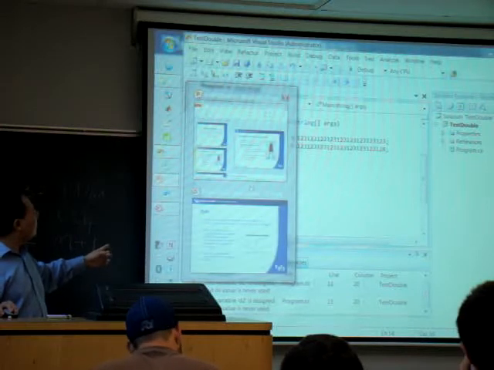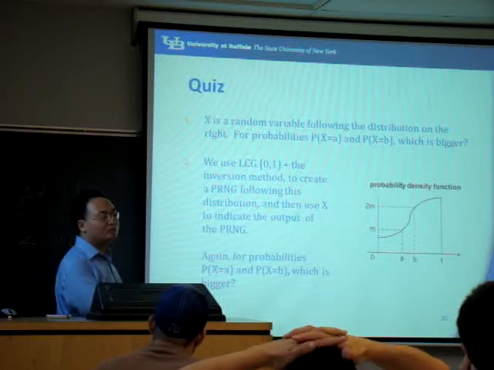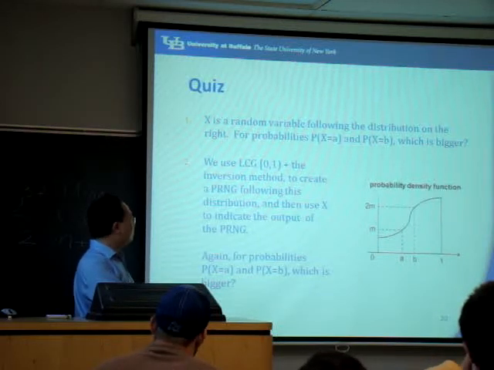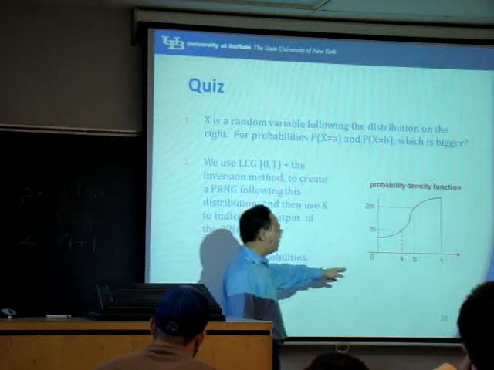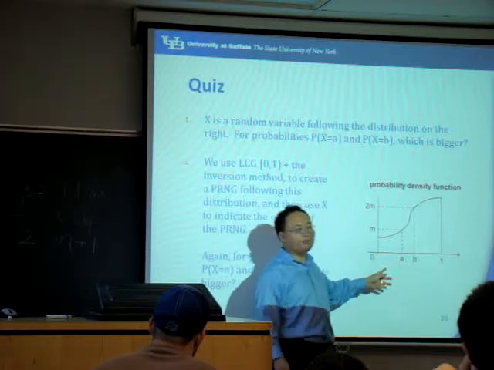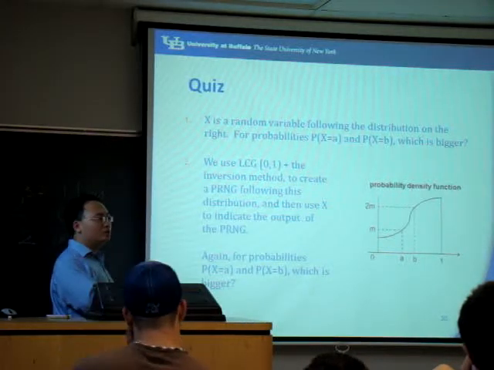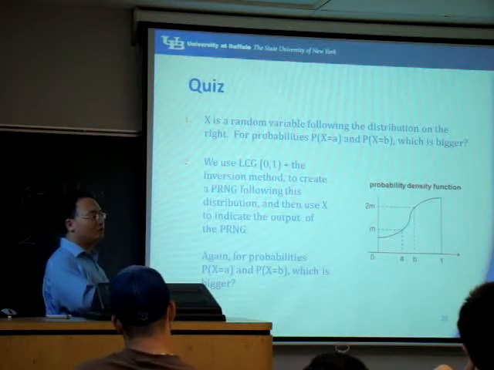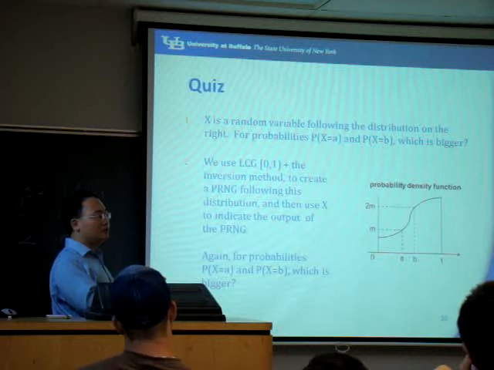Let's assume A and B are both able to be represented in computer. There are still chances that A and B will never be fetched. Because as we mentioned, in the linear congruential method, how do we get a distribution between 0 and 1? We divided that by n.